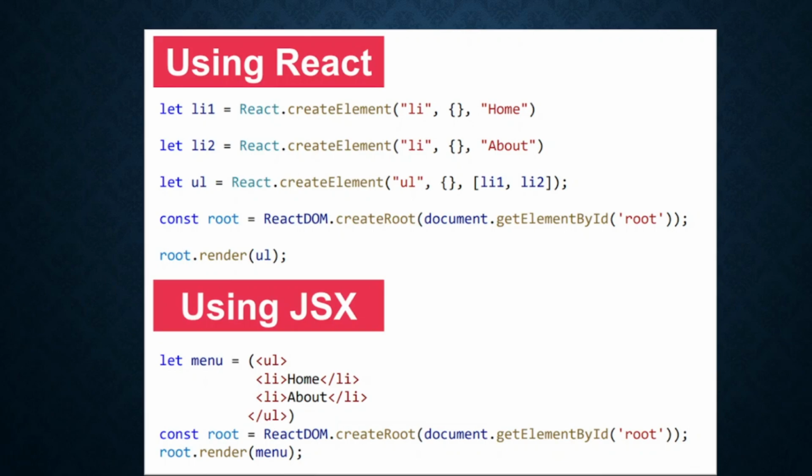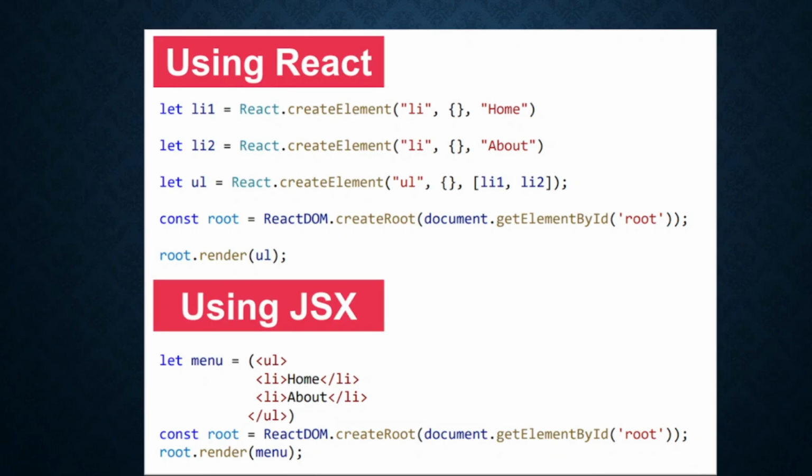So to compress all this work, we have JSX. See here, we simply define let menu is equal to the UL and li HTML, then that HTML is rendered into the HTML div tag where the ID is mentioned as root, and inside that root we are rendering this menu.